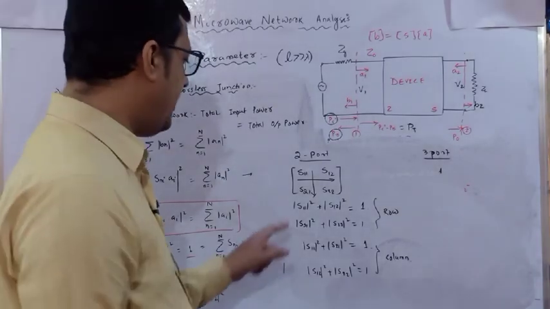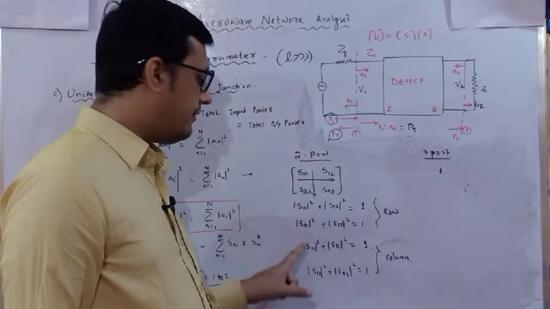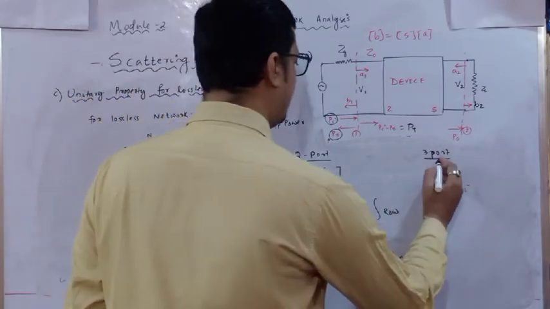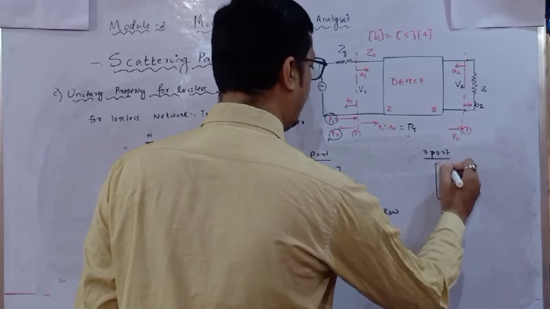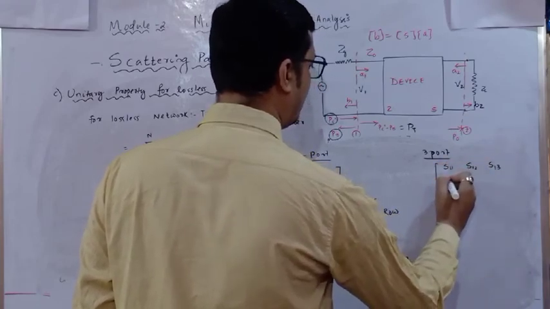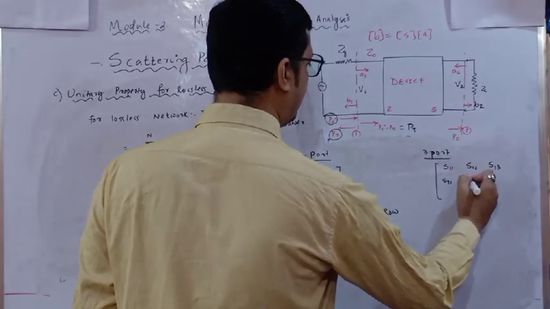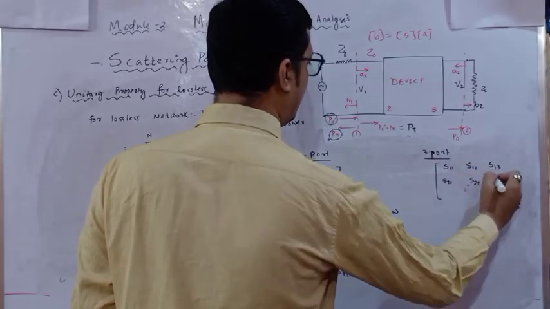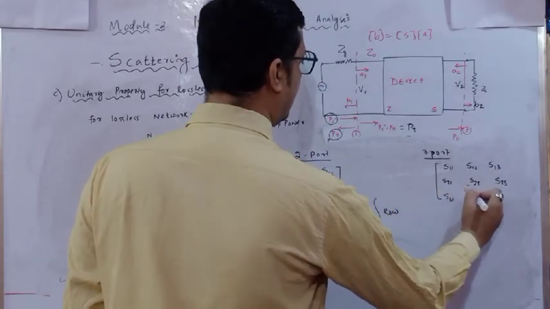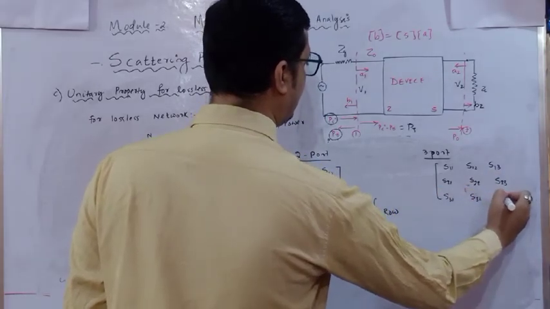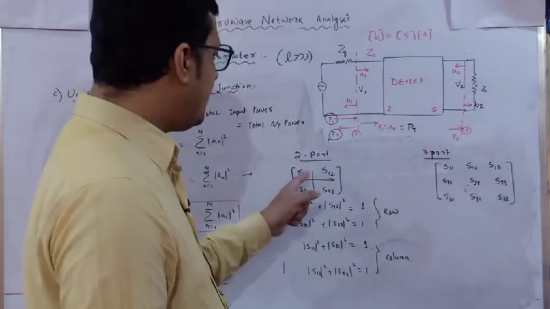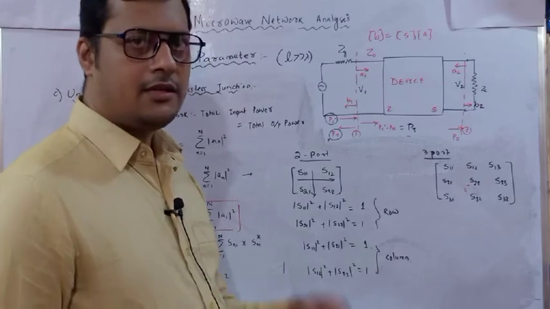So you can verify with respect to the row and with respect to the column if it is a 2-port network. Now let me take a 3-port network in which 9 elements will be there: S11, S12, S13, S21, S22, S23, S31, S32 and S33. Now the same thing applies with respect to row and with respect to column.